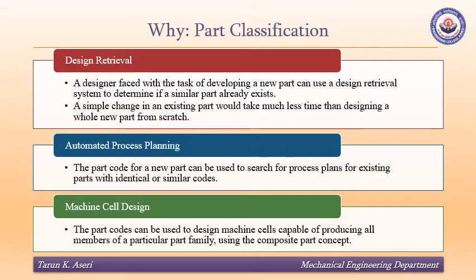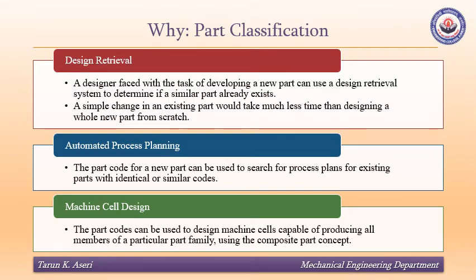First of all, before proceeding to part classification and its details, one may have a question in mind: why do we need part classification, why do we need to go for group technology, and what kind of things and attributes are responsible for that?